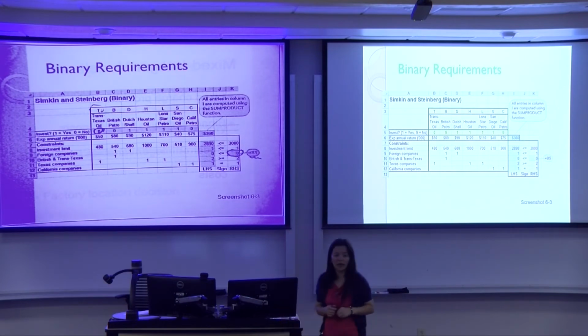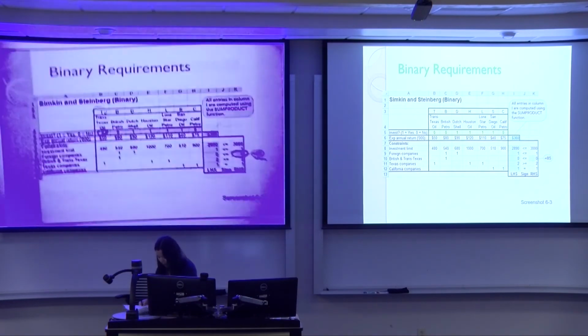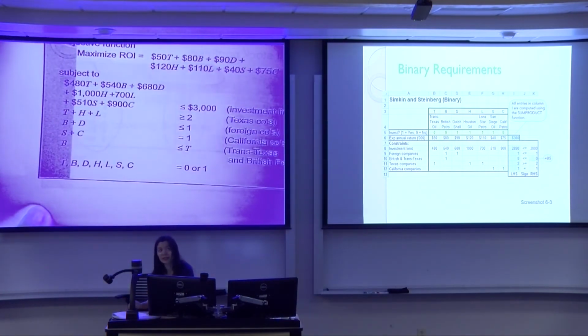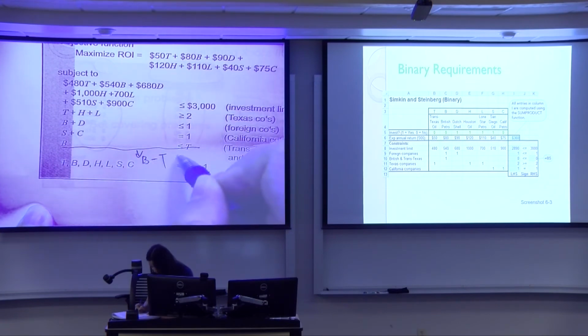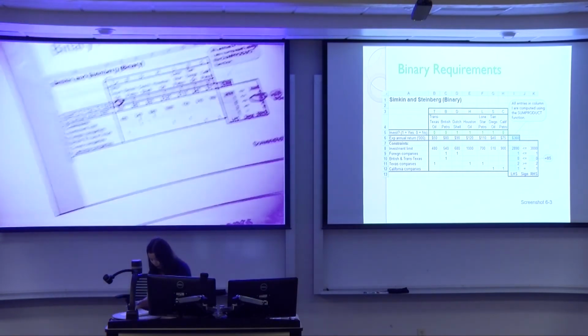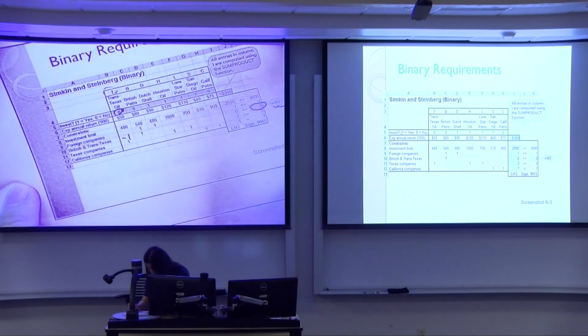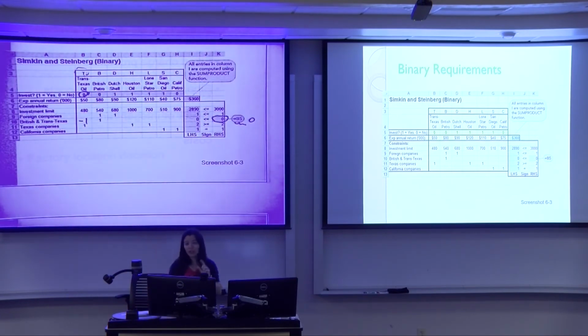You can put the right-hand side as equal to 0. So here we have this constraint B less than T. You can reformulate it as B minus T less than or equal to 0, right? Same. And then here you can add -1, but then you have to change the right-hand side to 0, okay? So either way is fine. Are we good? Yes? Okay.